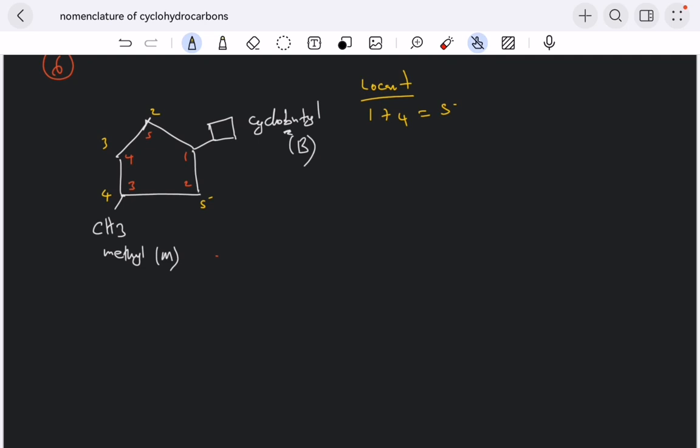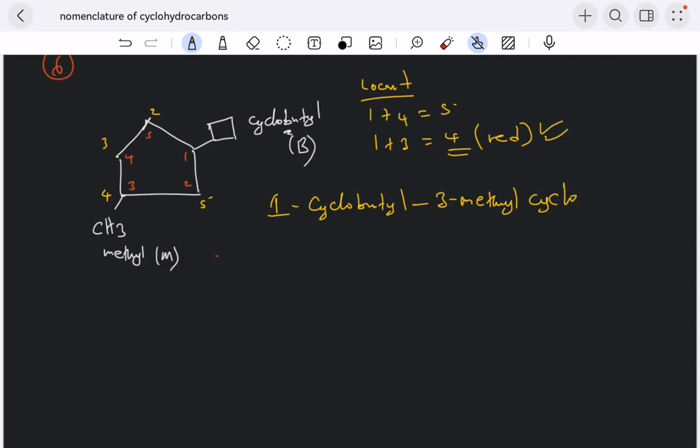Then the other one means 1, 2, 3, 4, and 1 plus 3, which will give you 4. So the one in red is going to be the correct counting. Therefore, we'll say this is a 1-cyclobutyl, then 3-methyl, then the parent name is cyclopentane.